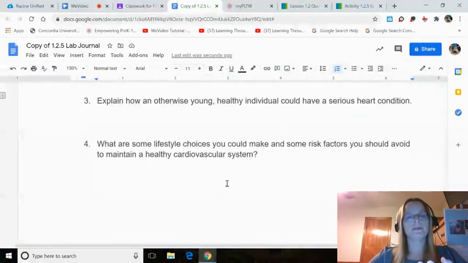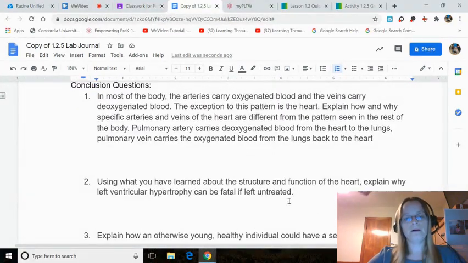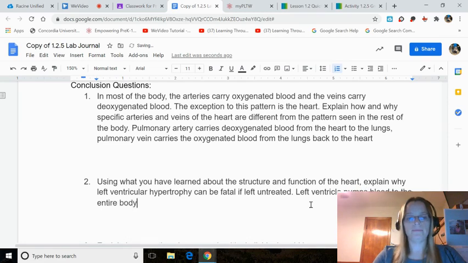So we're talking specifically hyper, or above normal, trophic growth in the left ventricle. Well, the function of the left ventricle, it helps to know that. The left ventricle pumps blood to the entire body.